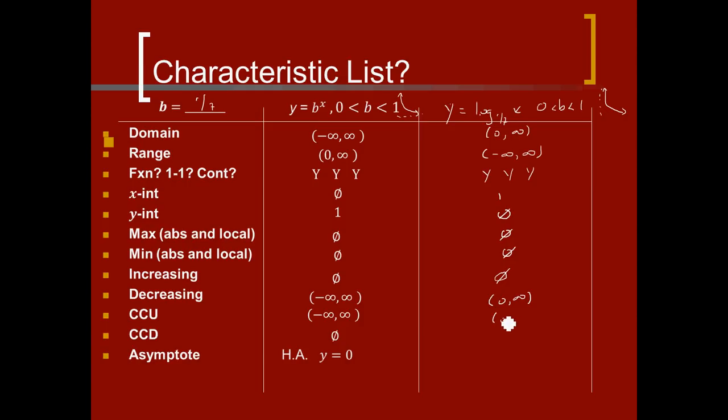So there's only one concave down graph here, and it's your log graph when your base is greater than 1. So concave up over the domain, no concave down, no horizontal asymptote, still a vertical asymptote, and not at y equals 0, but at x equals 0.